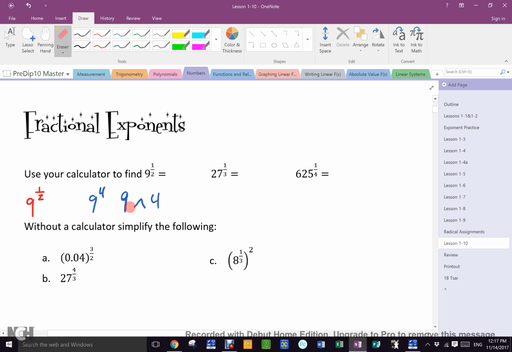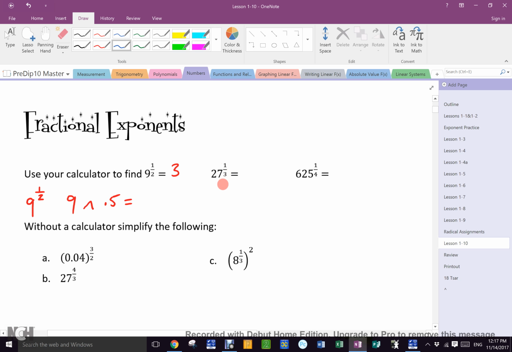Excellent. So what are you going to do when it's 9 to the 1/2? You're going to push 9, exponent button, and because we can do 1/2 in our head, let's just say 0.5. And then you're going to push equals. And what are you going to get? 3. Interesting.